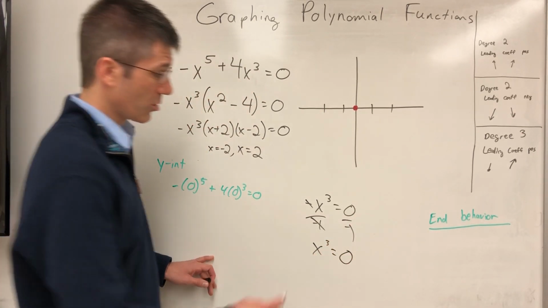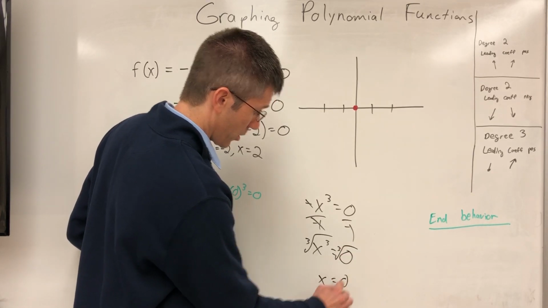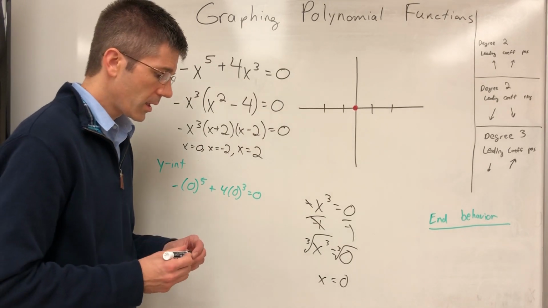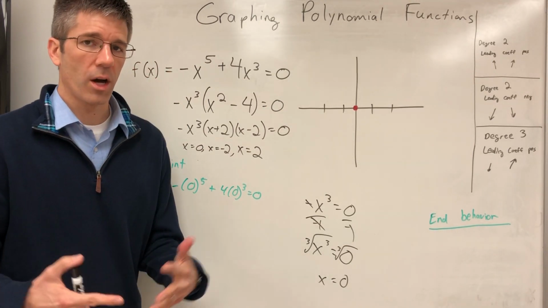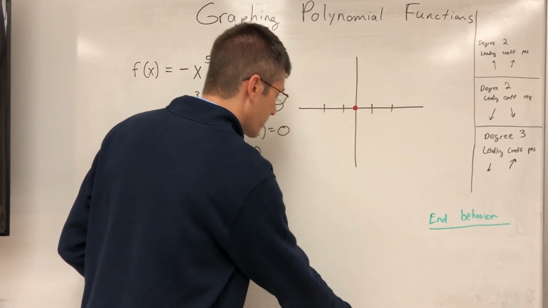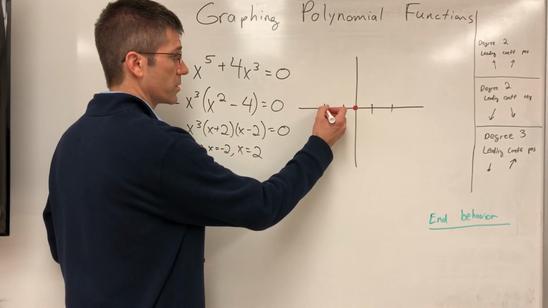Then I would take the cube root, and the cube root of 0 is 0. So I still get x equals 0. But this is where things get very different. If you were to graph this one on a graphing calculator or online, you would see a very bizarre thing that takes place. Let's put a couple dots and we'll go from there.